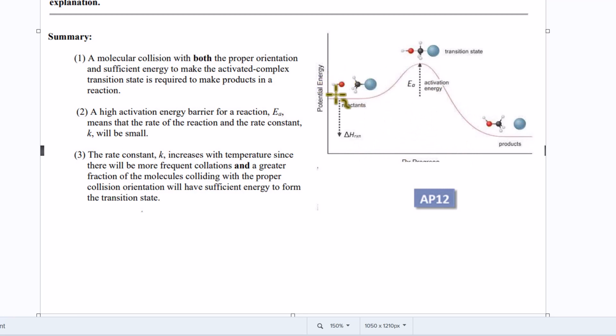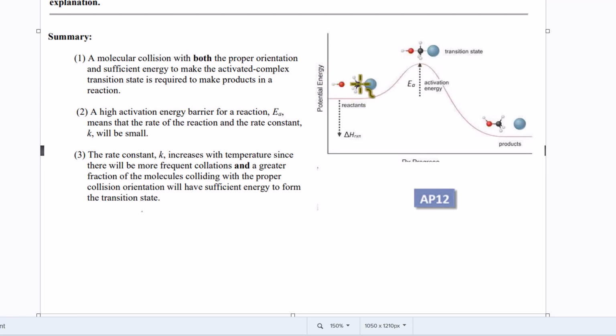Here we've got two reactants. This looks like something like HCl. And if it smashes into this molecule with enough energy, these things are being crushed together. They are being forced together by a collision, and that's the critical thing here. We'll get back to that collision in a second.